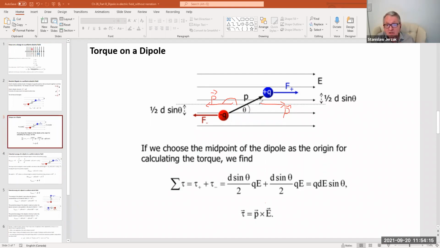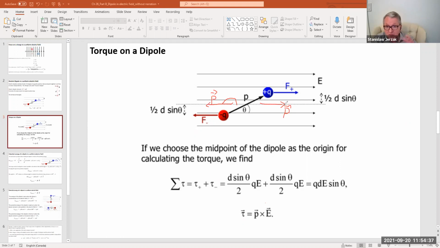So I repeat that. The torque is equal to 0 when the dipole is parallel or anti-parallel to the electric field. But in terms of the energy of the dipole, when the dipole moment is anti-parallel to the electric field, the energy is smaller than when the dipole is parallel to the electric field.